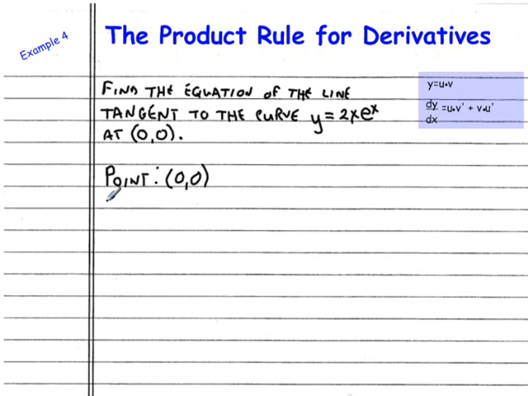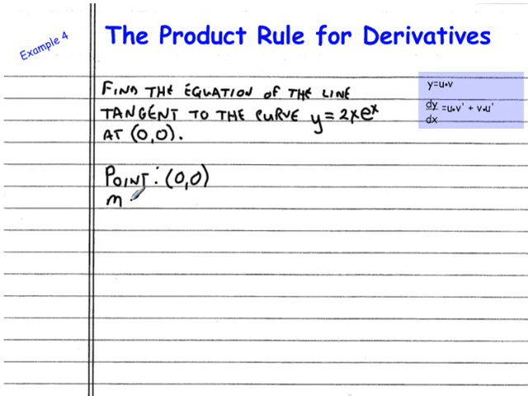Now the other thing that we need to find the equation of a line is the slope of the line. In this case the slope is not given to us, but of course we have a tool, the derivative. And remember, the derivative is the tool that allows us to calculate slopes of tangent lines anywhere on the curve.